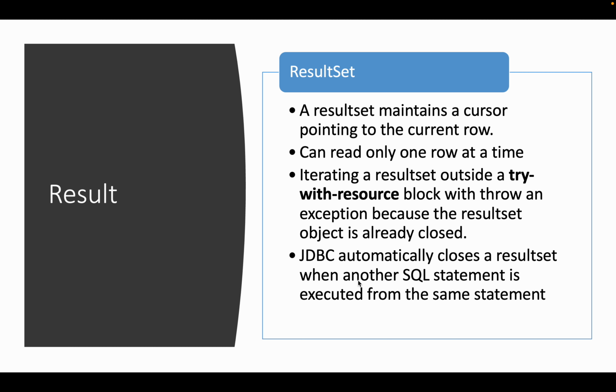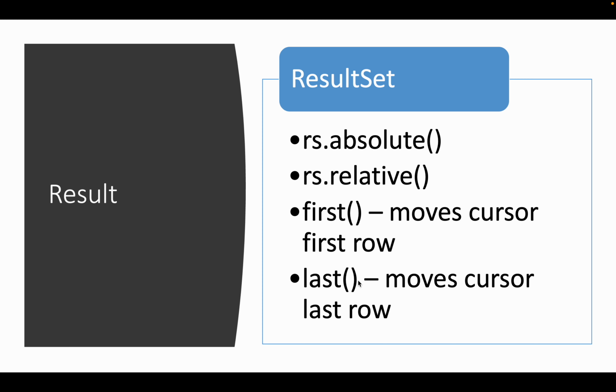Iterating a ResultSet outside a try-with-resources block will throw an exception. Why? Because the ResultSet object is already closed. I will also demonstrate this. Then JDBC automatically closes a ResultSet when another SQL statement is executed from the same Statement. This we will see in the illustration. Then these are some of the methods you will find in a ResultSet.